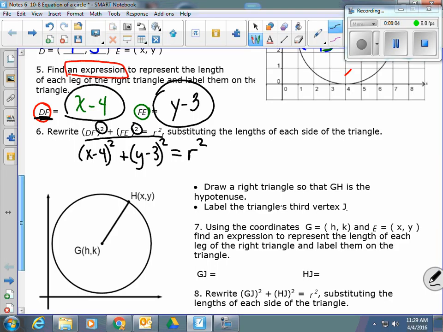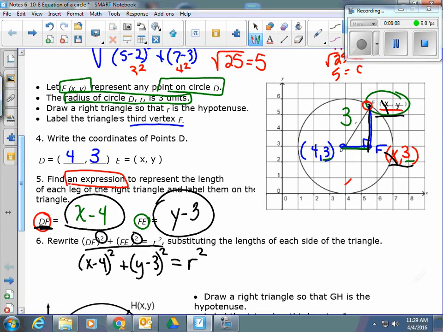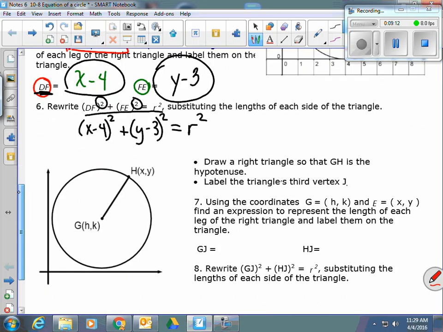How big's my radius? Didn't they tell us? They told us that it was 3. So right here, this would be X minus 4 squared plus Y minus 3 squared is equal to 3 squared. And that's the answer. Do you understand where we got all that information from?